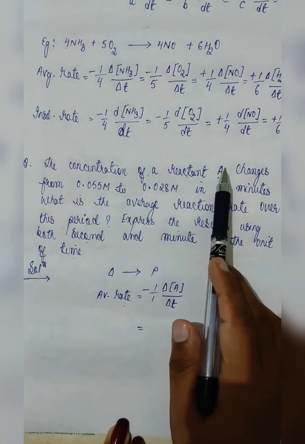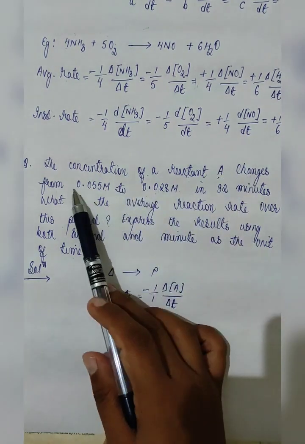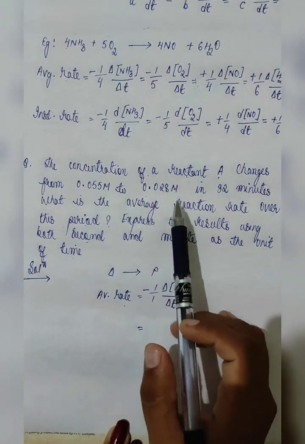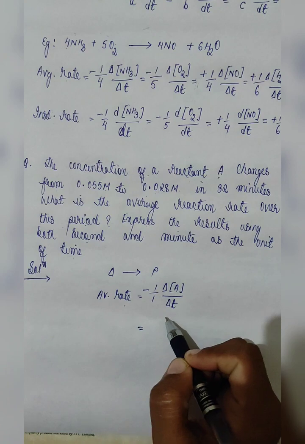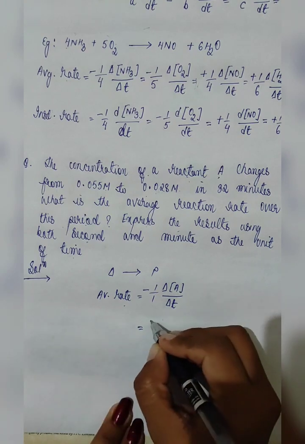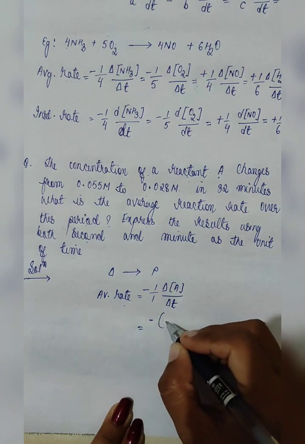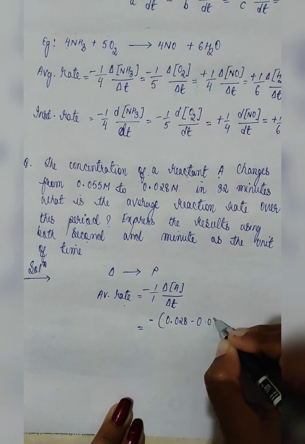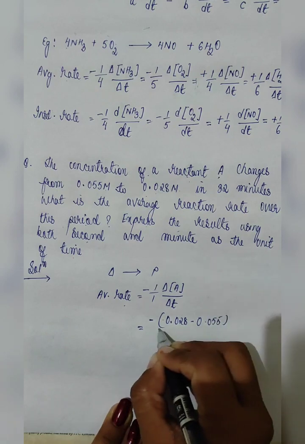Now the concentration is already given, that it changes from 0.055 M to 0.028 M. So whenever we are writing, it is always the final concentration minus initial concentration. We have a minus sign. Our final concentration is 0.028 minus 0.055 divided by time.